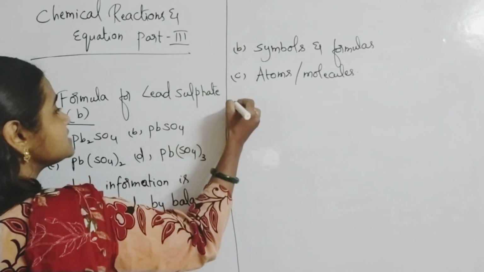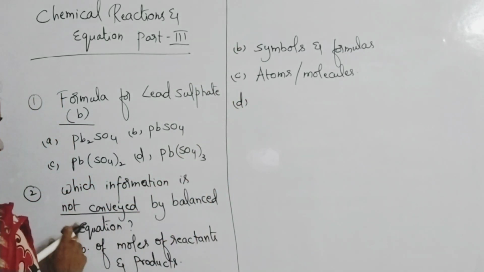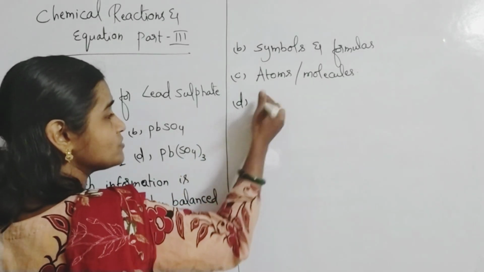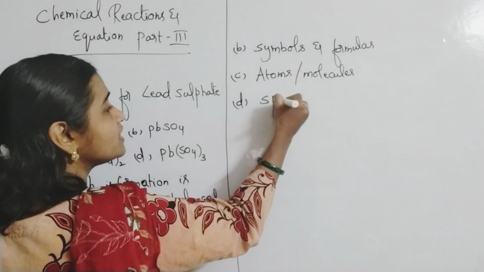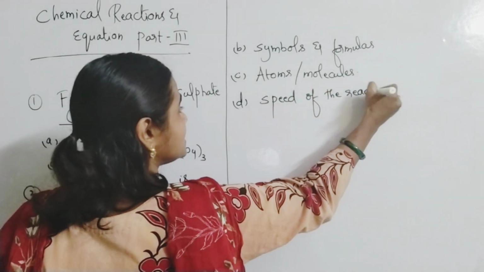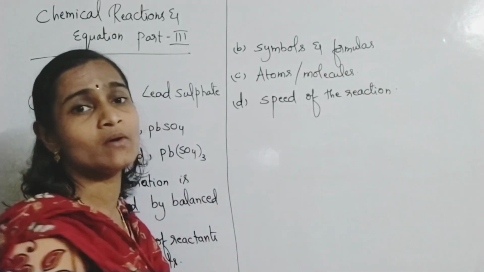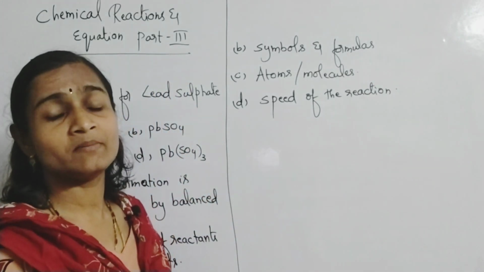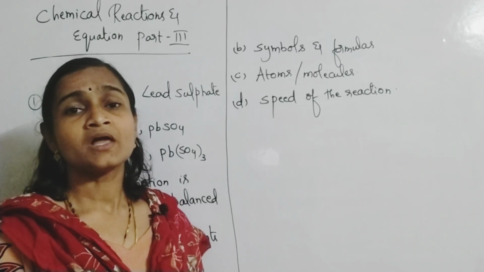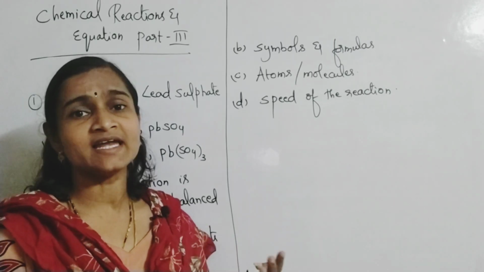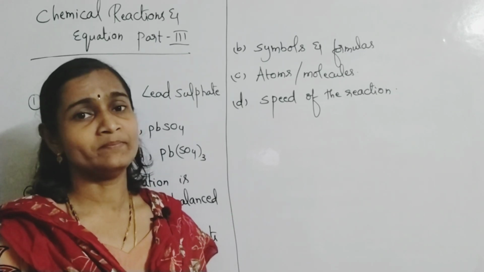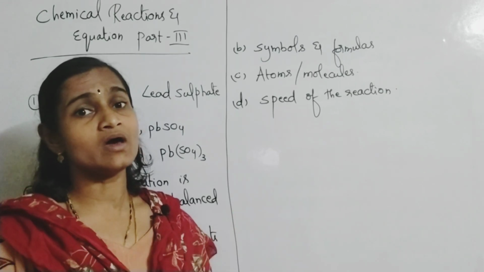But what is the wrong statement? What information is not conveyed by a balanced equation? Option D is given as speed of a reaction. It is not conveyed in the symbolic form. By seeing the chemical equation, can you say whether the reaction takes place instantaneously or takes a long time, whether it is a fast reaction or a slow reaction?